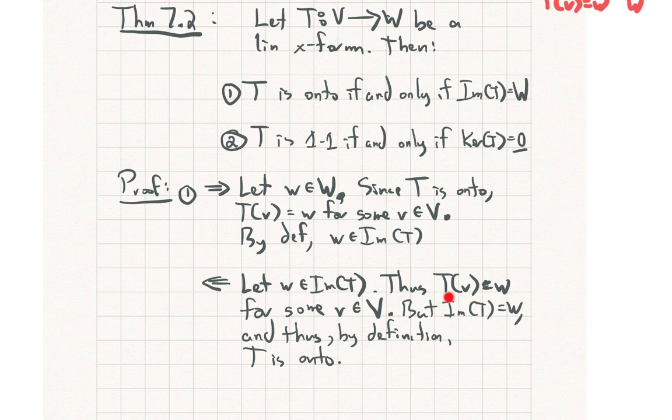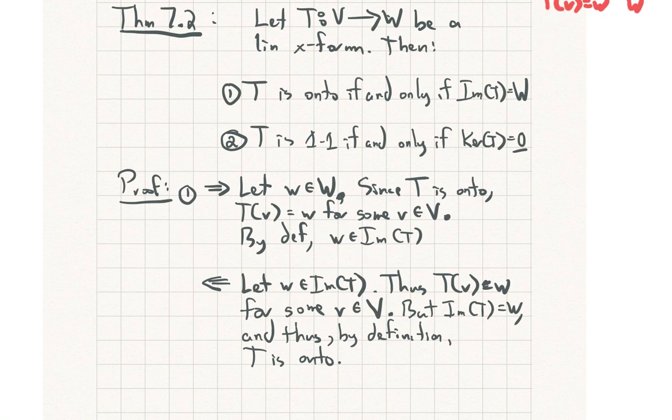If you put it into your function T, or your linear transformation T, you get w out. But you know that the image of T equals w. That's what we're assuming here. And that's the definition of T being onto. So T is indeed onto. That's great.